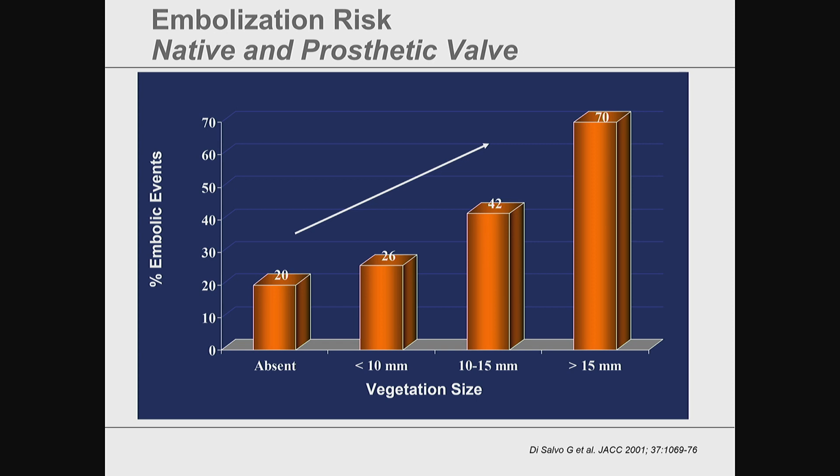Well, what is the embolization risk in general for both native and prosthetic valve endocarditis? So this paper from 2001 compared the percent of embolic events that were seen compared to the size of the vegetation. And as you see, the percent of embolic events significantly increases as the vegetation size increases above 10 millimeters.